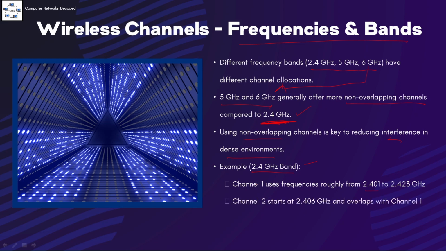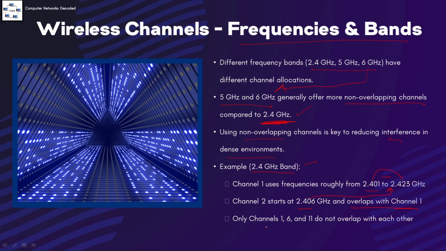Then channel 2 starts from 2.406 gigahertz and overlaps with channel 1. So you can see that this is the range of channel 1, while channel 2 is also starting from 2.406 gigahertz. It means this lies in this range, so there will be interference and it actually overlaps with channel 1.